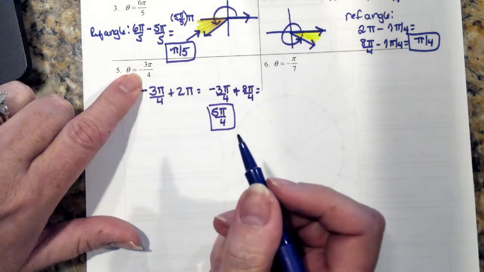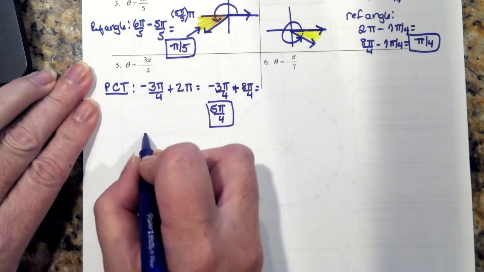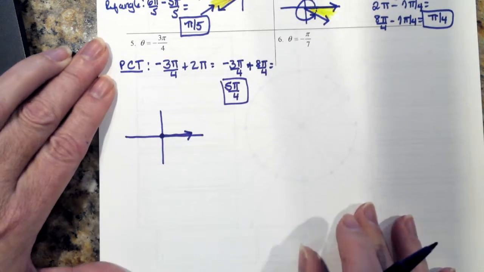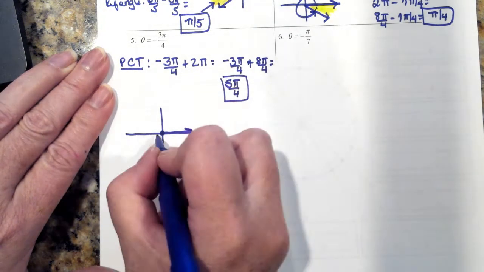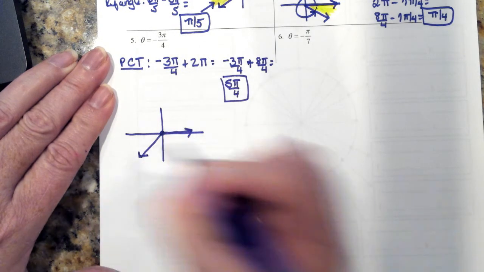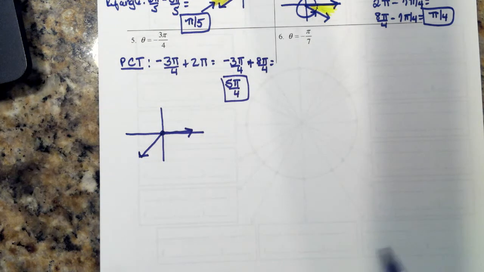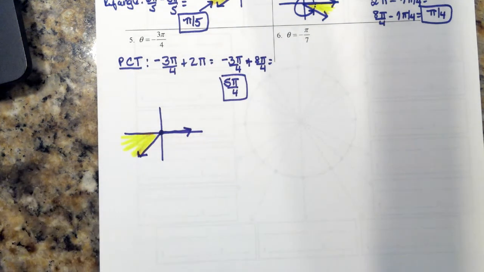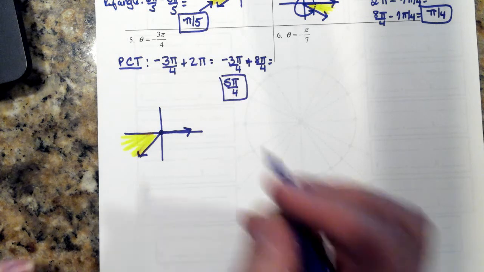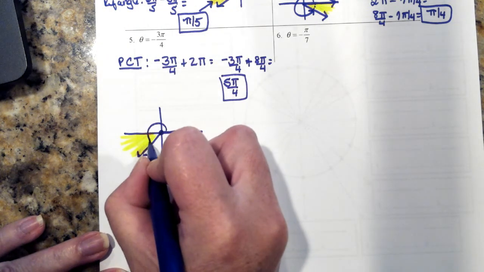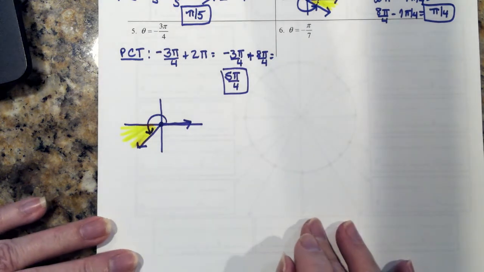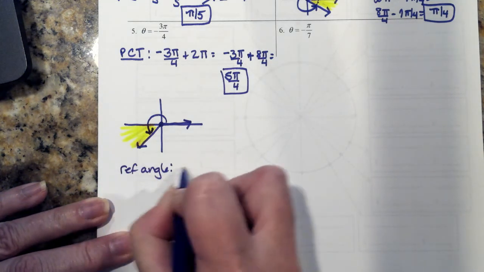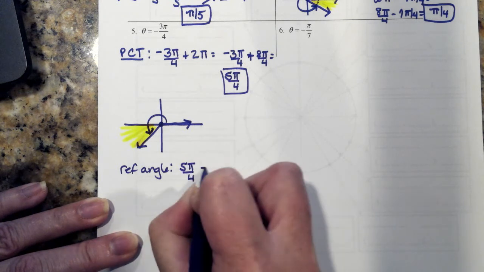So negative 3 pi over 4 and 5 pi over 4 share the same initial and terminal sides. So there's my initial side. 5 pi over 4 is located down here in quadrant 3. Again, the reference angle is that distance between the x-axis and the terminal side. So remember, when you're trying to calculate a reference angle whose terminal side is in quadrant 3, you're going to take your angle and subtract out pi.